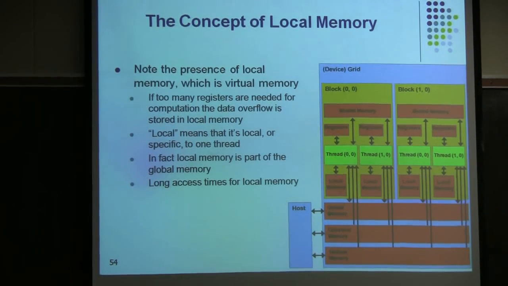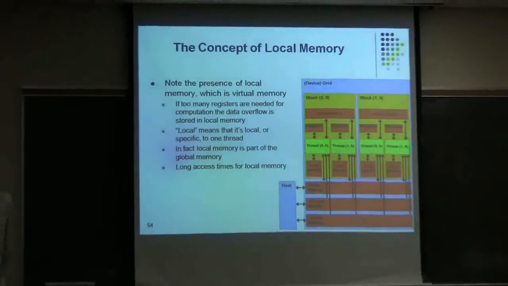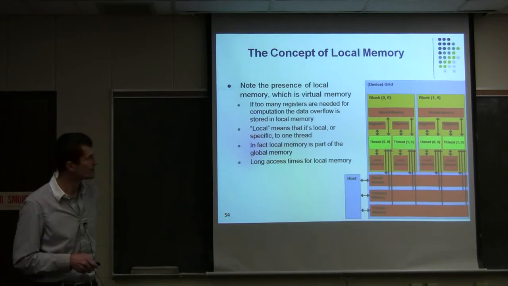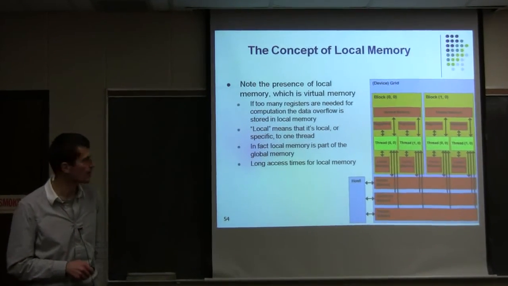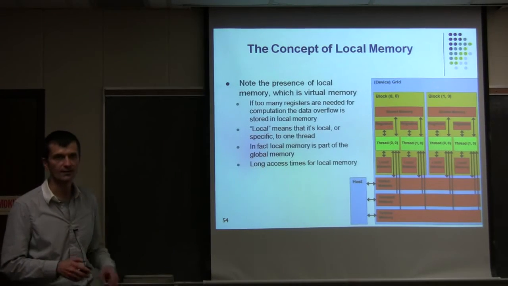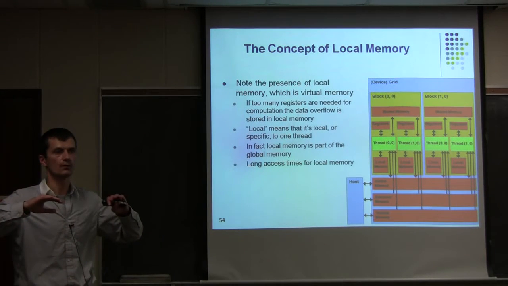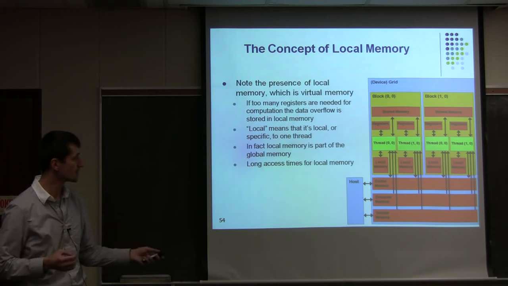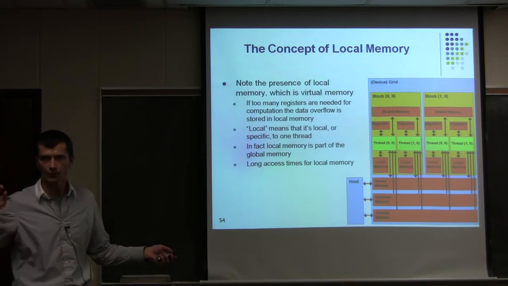Now, local memory sounds local, but it's not local in the sense of a very short access time. It's local to the thread. In reality, it's like overflow. When you overflow the number of registers and data needs to be stored somewhere, it actually gets stored in the global memory, in the 4 gigabytes.